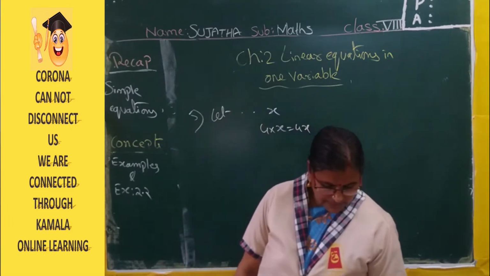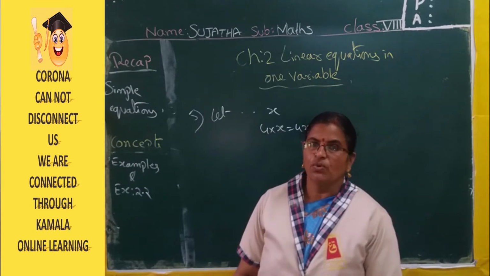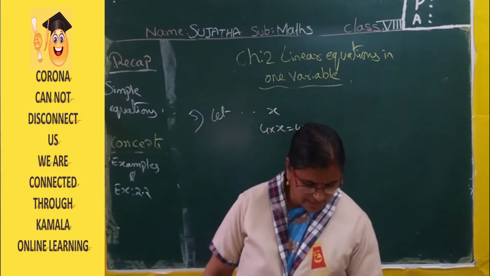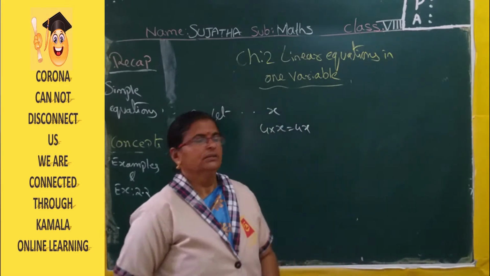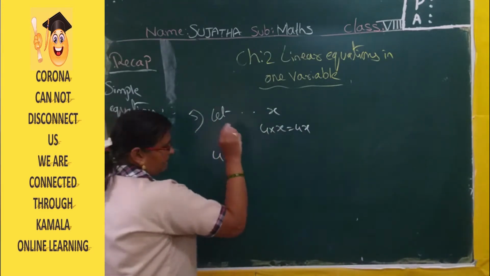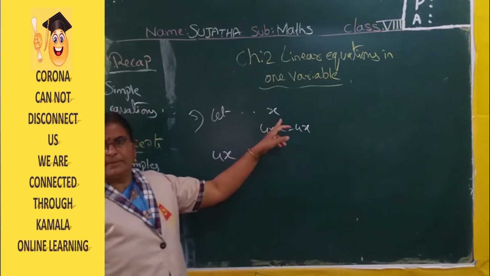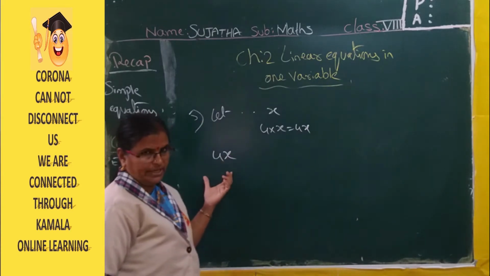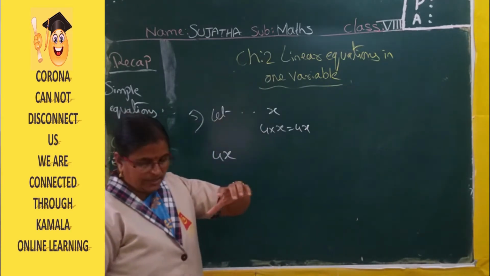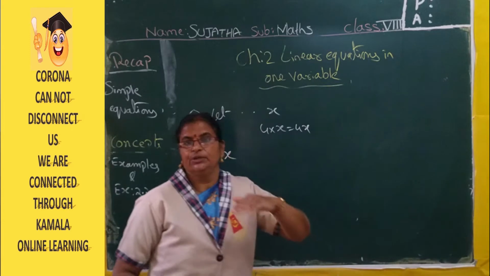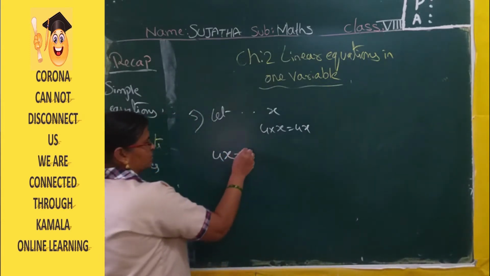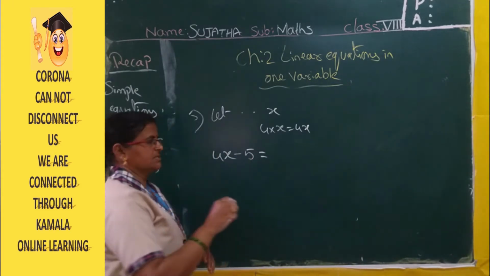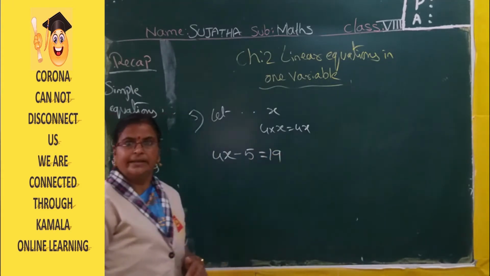So that number, 4x, is reduced by 5 and equals 19. Reduced means minus 5, exceeds means plus. And it will be equal to 19.